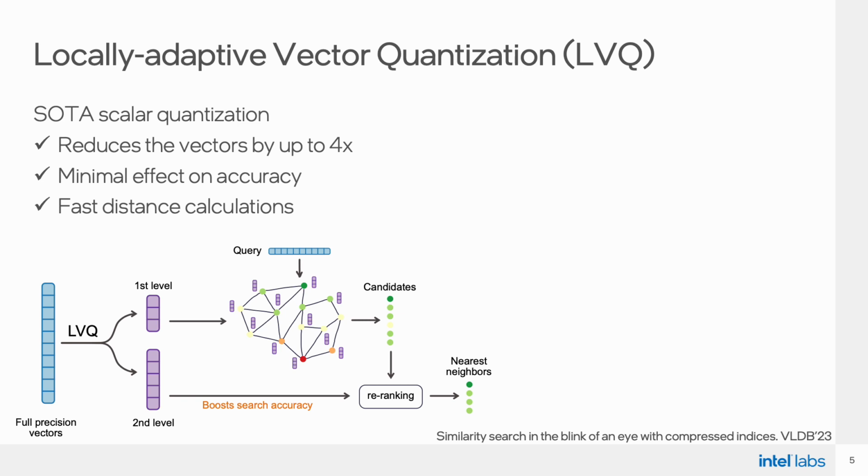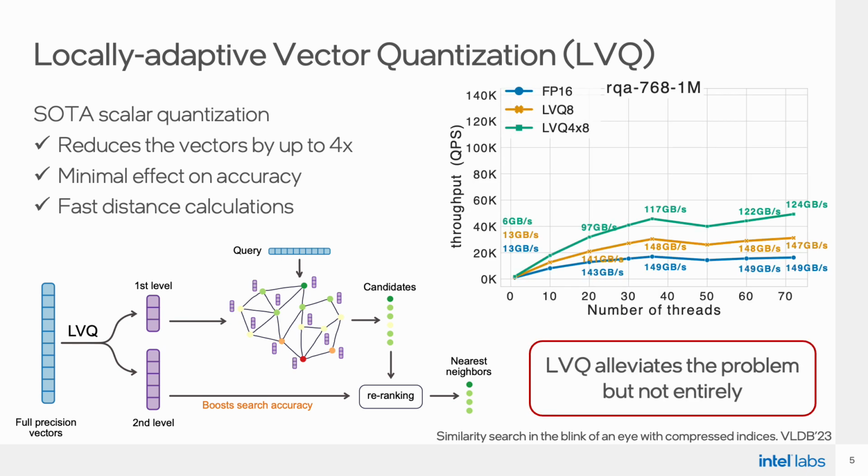It is inscribed in the typical framework of search and re-ranking, where we do the search with heavily quantized vectors and then we do the re-ranking with residuals such that we can retrieve optimal accuracies. Although this two-level quantization scheme with LVQ achieves significant speedups with respect to uncompressed vectors, it is not sufficient to fully alleviate the problem in the case of very high dimensional vectors.